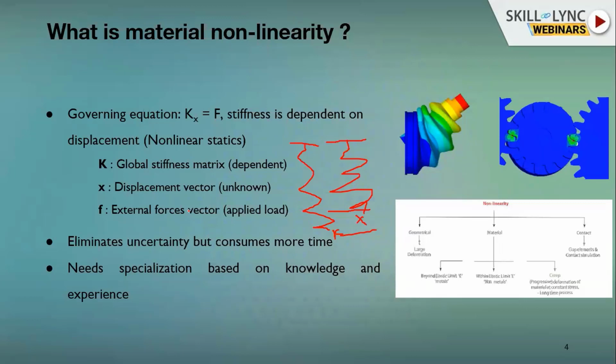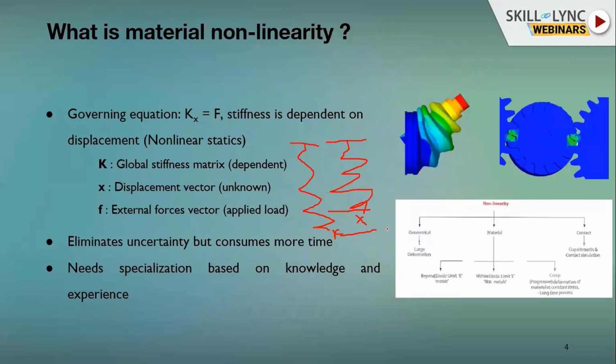So nonlinearity eliminates such uncertainty which cannot be captured by linear statics. However, it consumes more time to solve the problems, and at the same time, it also needs specialization based on the knowledge and experience that you gain to solve any nonlinear problem, be it material, geometry or contact.